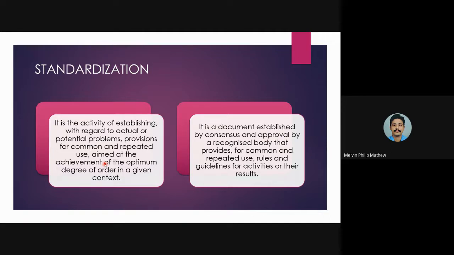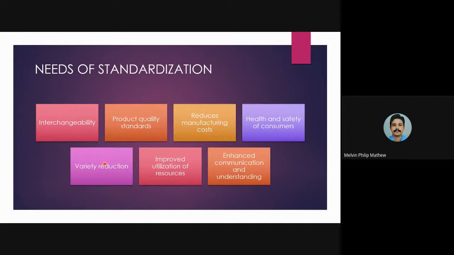It must have this length, or it must have this weight. These are some of the physical quantities that are used to standardize a particular product. So that is what is meant by standardization. And we had discussed the needs of standardization. So various needs were there.